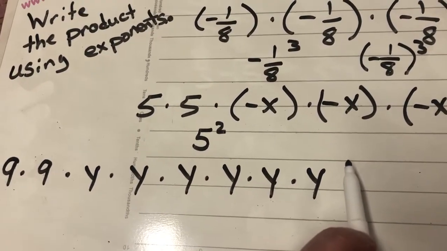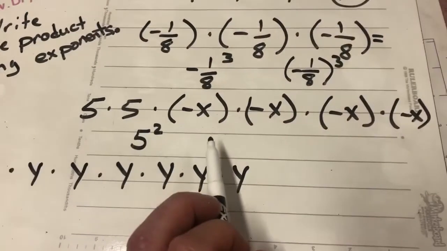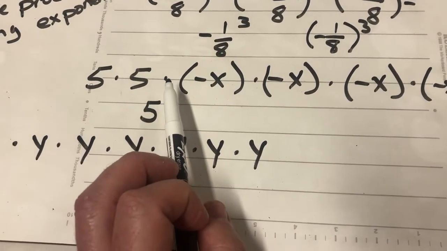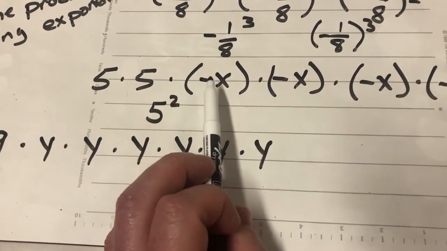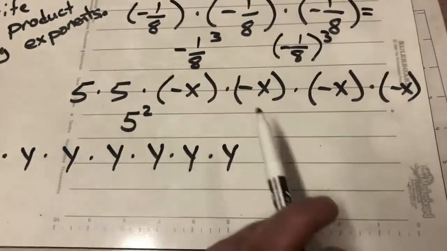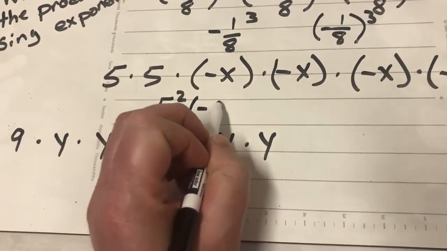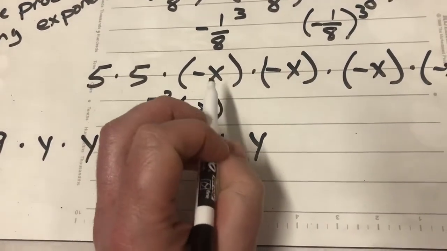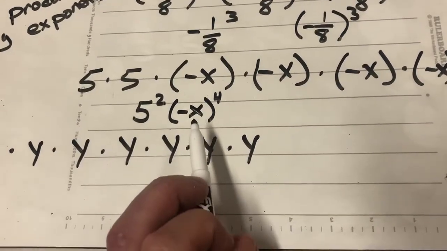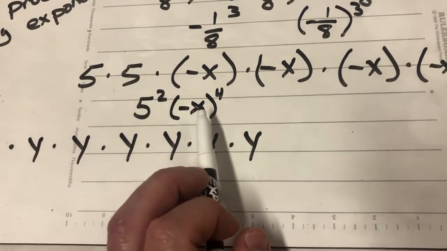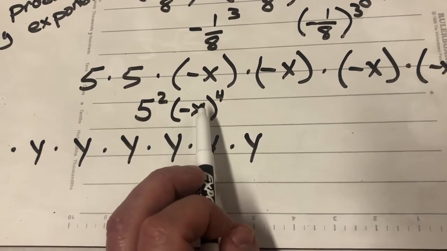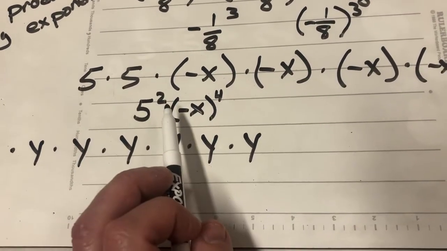Then what we have here is in parentheses negative x. Well, like we said before, the reason for parentheses is that we want to first of all separate the multiplication sign from the subtraction sign. We do not want two operational signs together. The other reason why we're going to put negative x and then to the power of 4 outside of it is because we want to make sure we understand that it's not just x times x times x times x and then putting a negative sign in front of it.